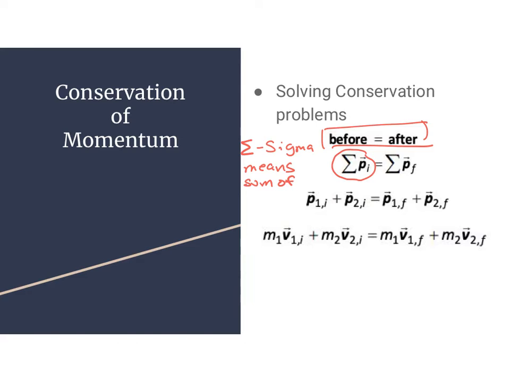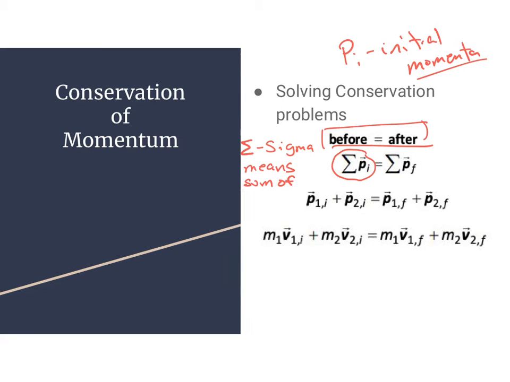So P is our symbol for momentum. The subscript i means initial. So this is our initial momenta. And we say that in the plural because it could be 1, 2, 3, 4, 5, 6, or 100 different objects.